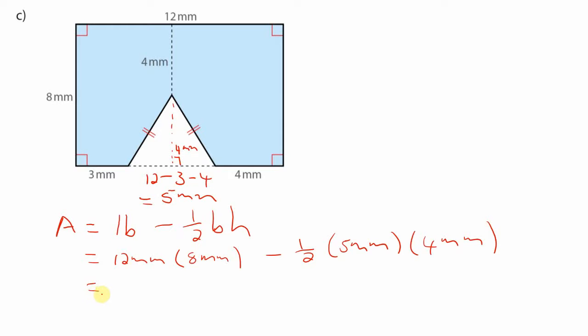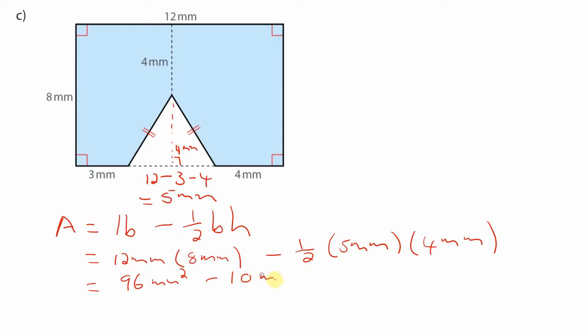And now it's simply a thing of multiplying. 10 times 8 is 80. 2 times 8 is 16. 80 plus 16 is 96. Millimeter times millimeter is square millimeter. Let's look at the triangle size. So 5 times 4 is 20. Half of 20 is 10.